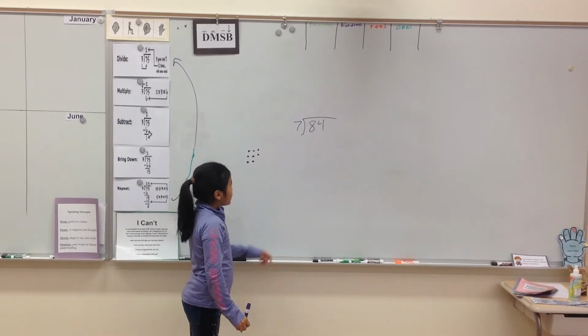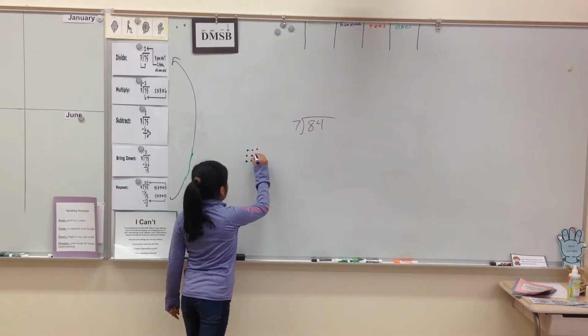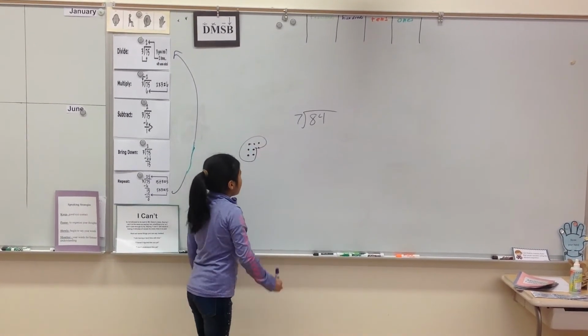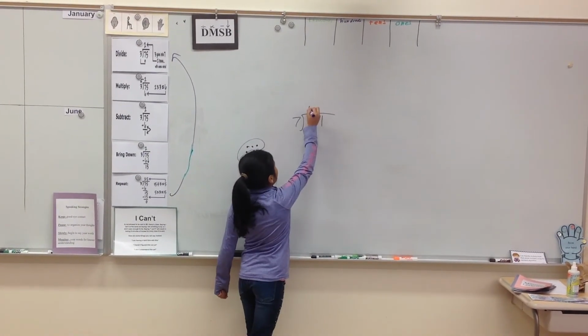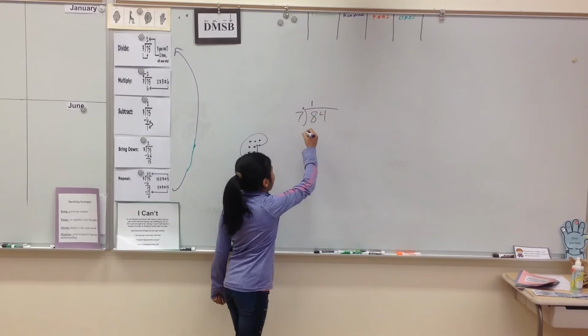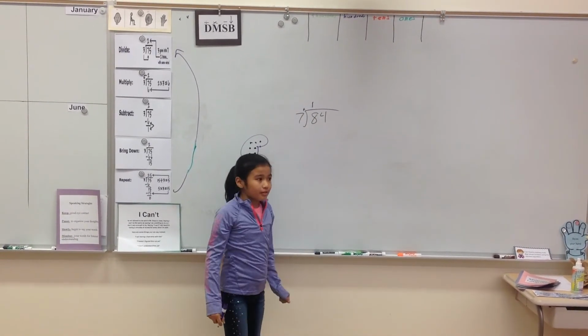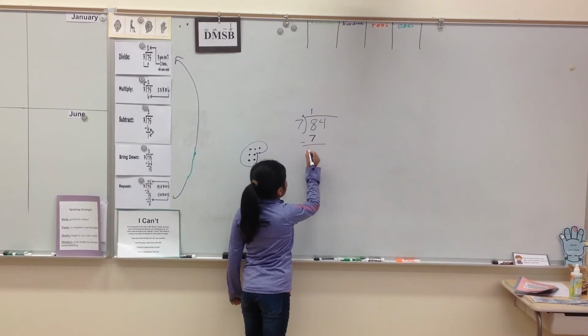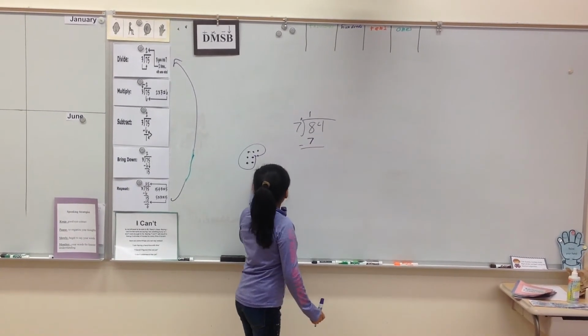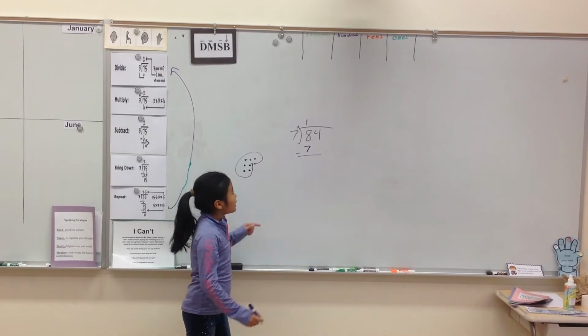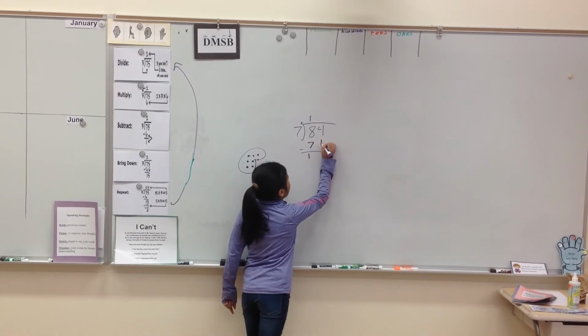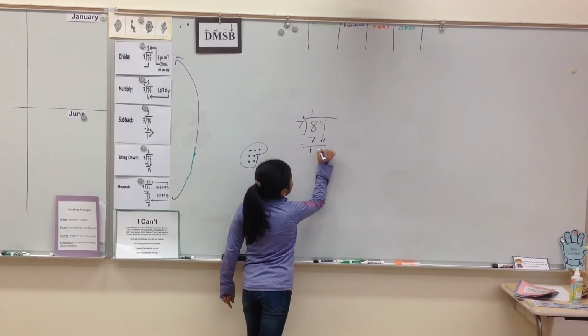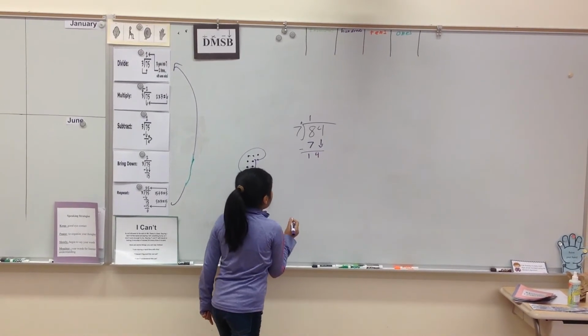So you would put it in 7 groups, and it would only make 1. So you put the 1 on top, then you times that. You obviously know it equals 7. Subtract that, and then we obviously know here it would equal a 1. And then you bring the 4 down, and you do 14.